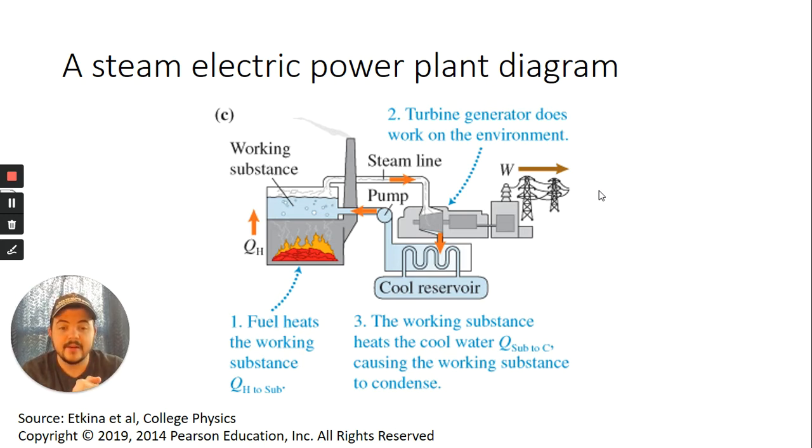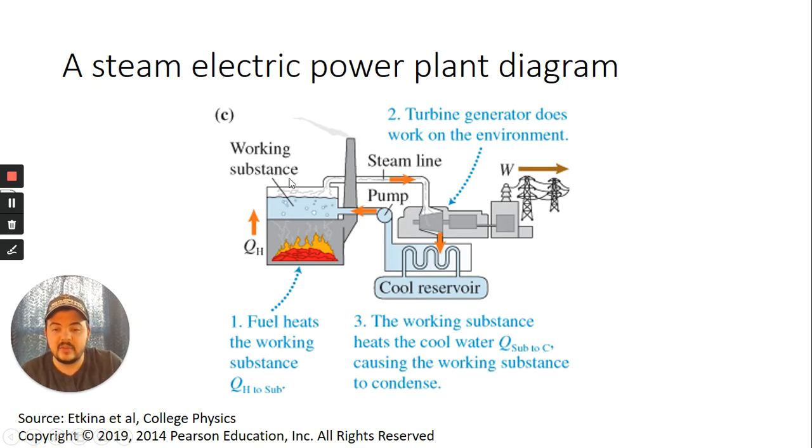It is required by the second law of thermodynamics that we have a cool reservoir where the excess heat goes back down to a lower temperature. So the working substance heats the cool water, and this causes the working substance to condense. So we have this cooling reservoir here, and we repeat that cycle.